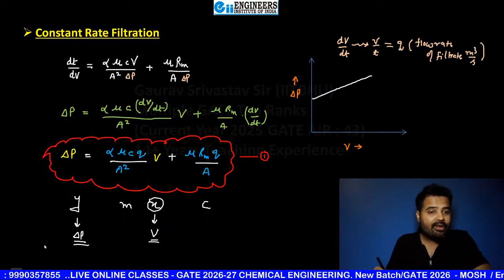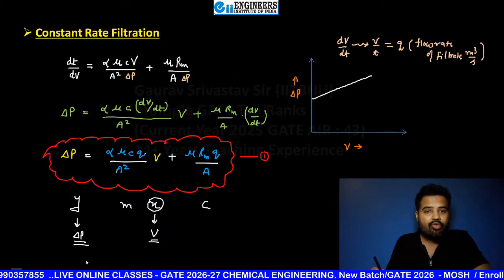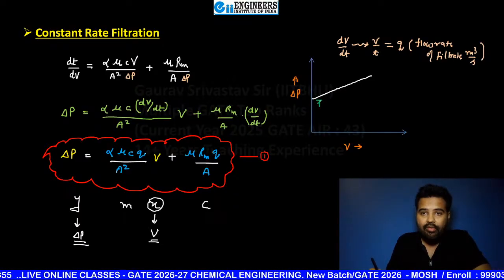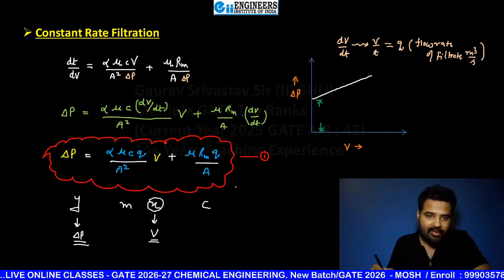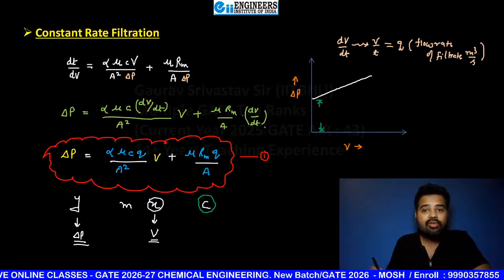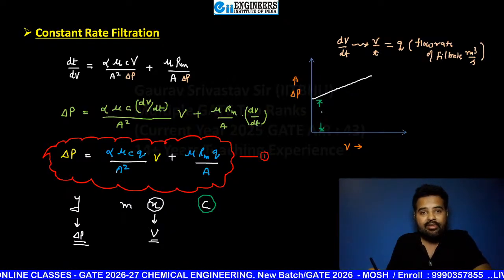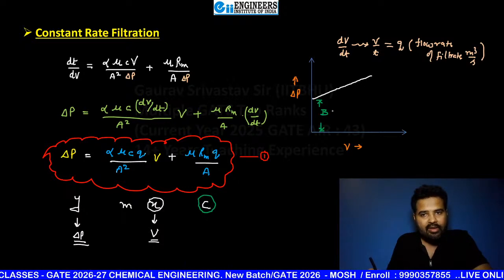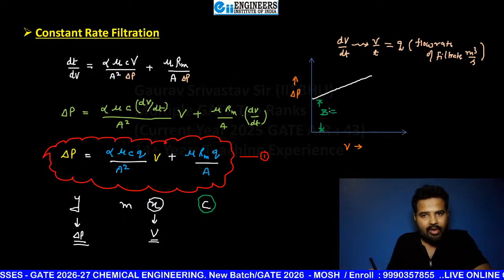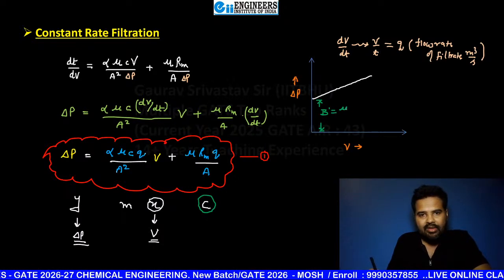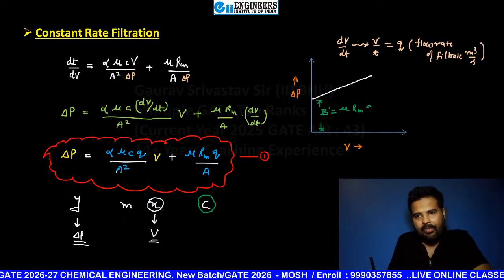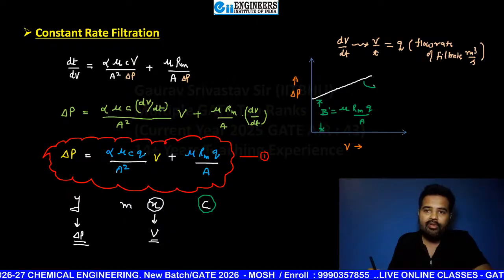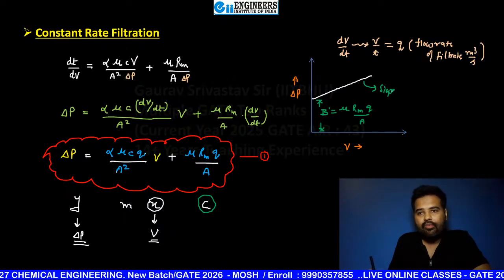But now one more difference is there. This time if you are going to write the value of the intercept, then this c, how much value? See here. Intercept is mu rm Q by A. And what is the value of slope here?